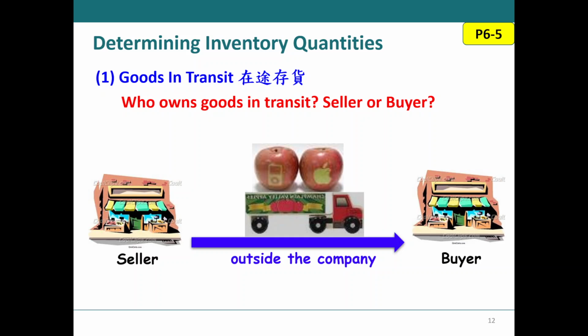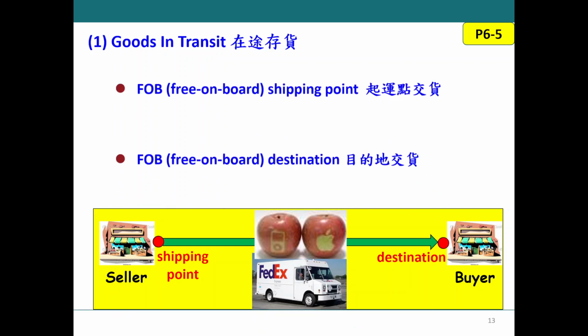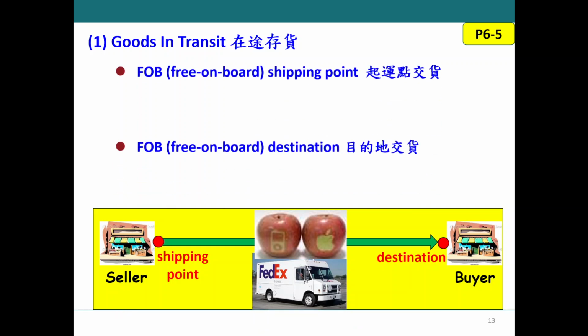How do we determine who has the ownership for these two apples? The same as chapter 5. Who is in charge of the process? FOB shipping point and FOB destination, 起运点交货，目的地交货. Shipping point means the seller gives the buyer the inventory, and after shipping point, none of the seller's business. How about destination?